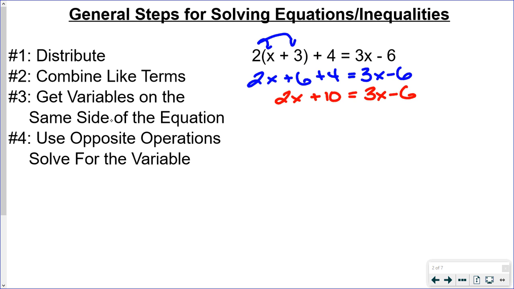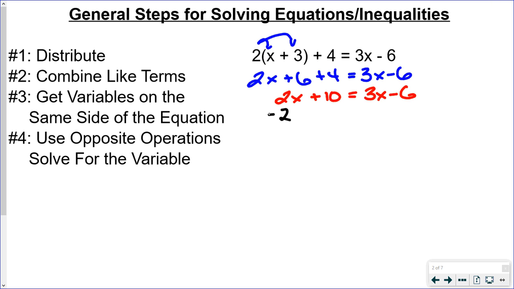Then the third step, if you have variables on both sides of the equation, which this one does, then you want to get them on the same side. And you do that by adding or subtracting. So I could either subtract 2x from both sides, or I could subtract 3x from both sides. I usually choose what's going to give me a positive outcome. If I subtracted 3x, I'd end up with a negative x here. If I subtract 2x, I'll end up with a positive x.